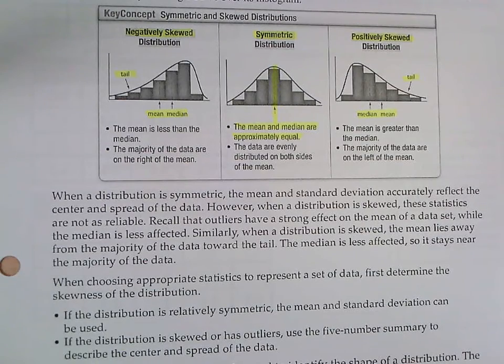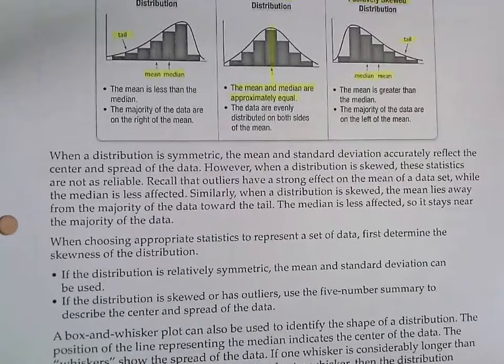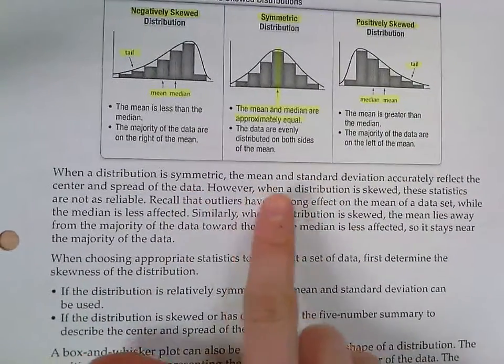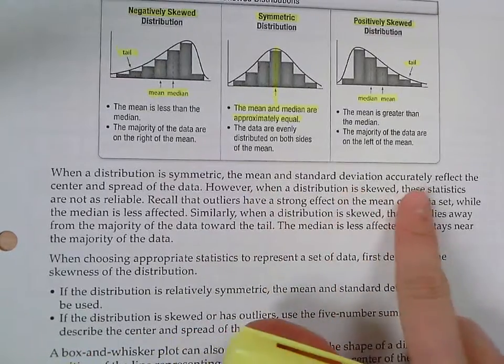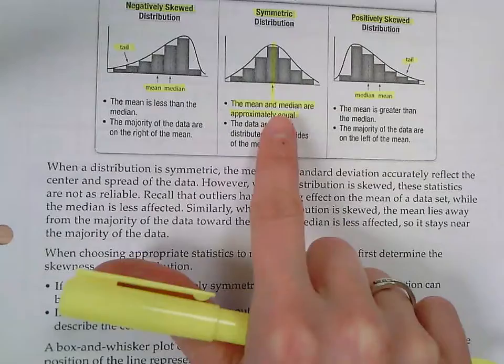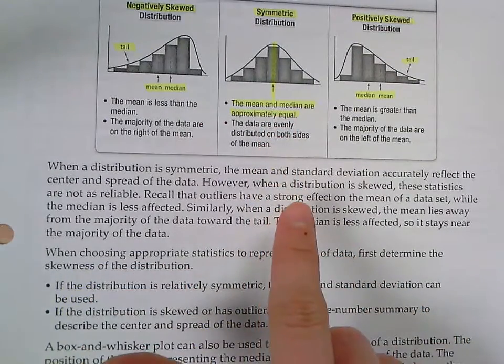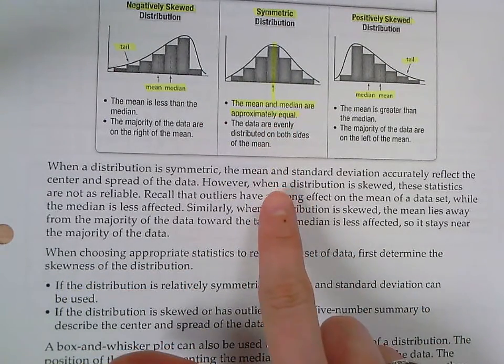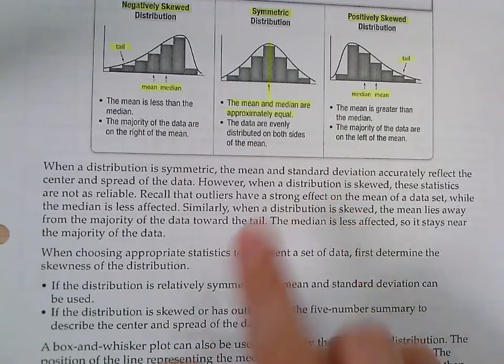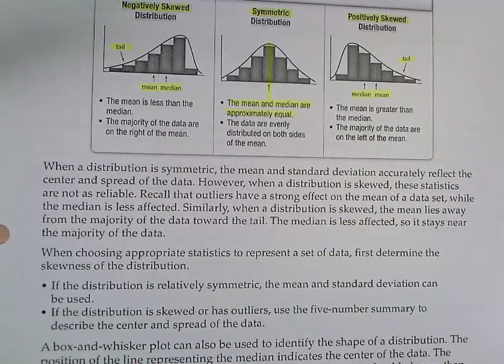So how we're tying this into yesterday: if you have a symmetric distribution, the mean and the standard deviation more accurately reflect your center and spread, because with a symmetric distribution, your mean is in the middle. And since your standard deviation depends on your mean, that would be an accurate reflection of your spread.